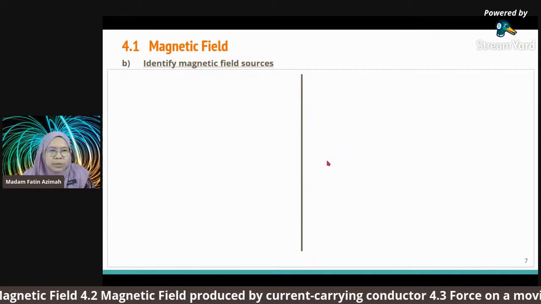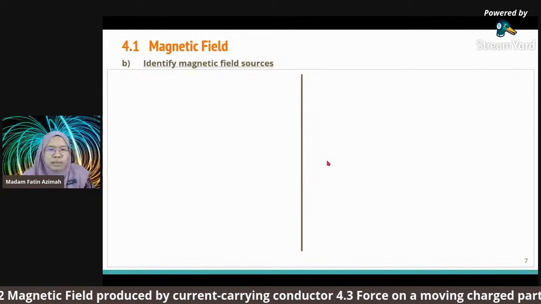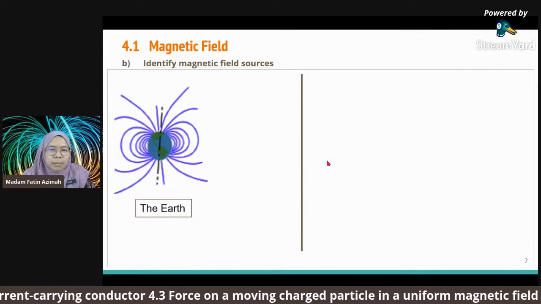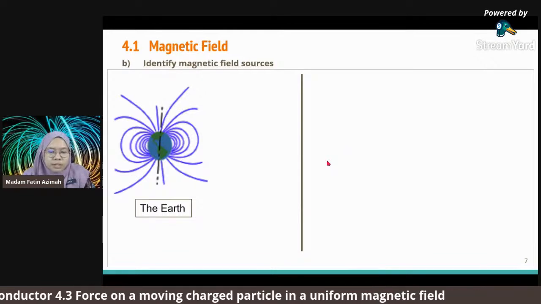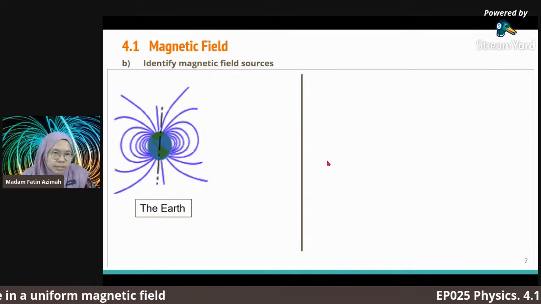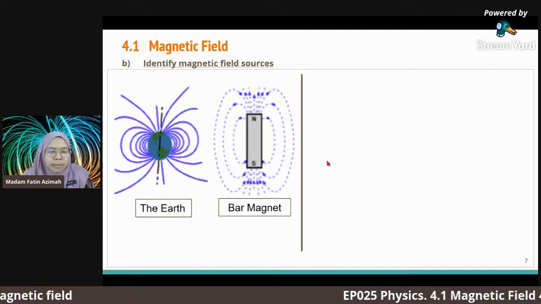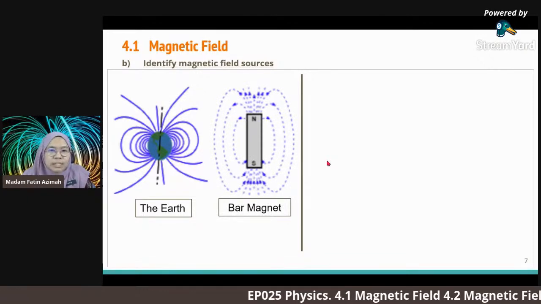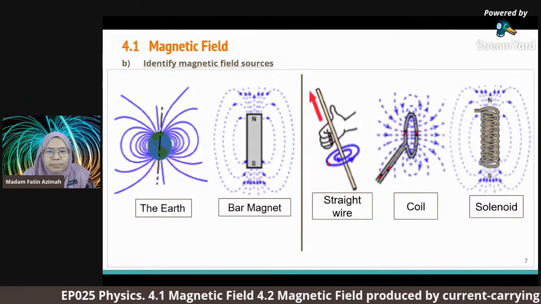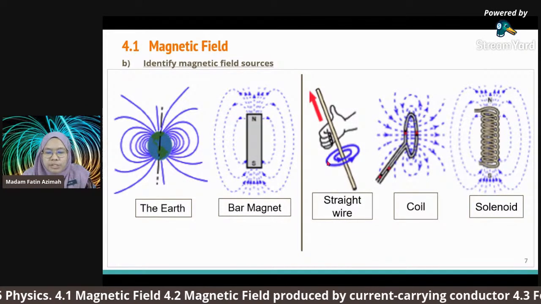Okay, let's take a look at some of the sources for magnetic field. The first one is the Earth magnetic field. The Earth behaves magnetically like a giant bar magnet located at the center of the Earth. Next is bar magnet, and I'm pretty sure you have learned this a lot in school. Next is straight wire, circular coil, and solenoid.